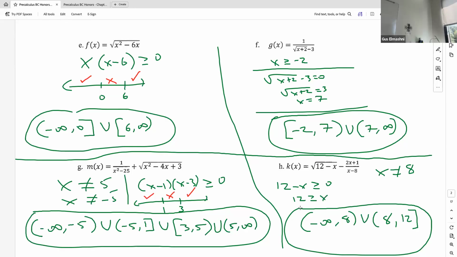The numerator does. Yeah, I don't need. So the domain is negative infinity or 8. I'm trying to get the... And this part, I was really, that's it.